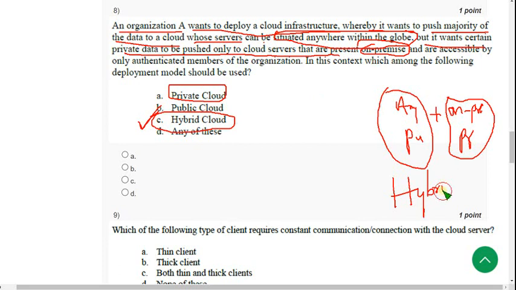So I have got the answer as hybrid. So maybe option C is the most probable solution. Guys, if you can confirm, you can do that in the comment section. So please confirm if it is option C or not. But I think option C is the answer.